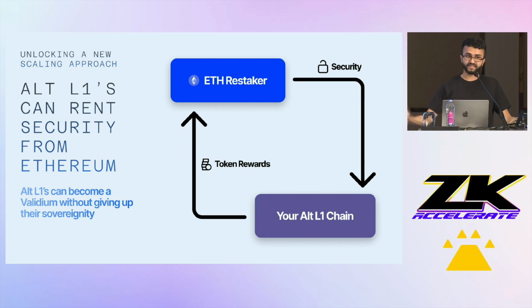This model allows you to continue to operate your alt L1 as you have been for the past couple of years. And this presents a viable and gradual path towards your alt L1 becoming an Ethereum Validium without giving up too much control, without making a drastic change to the infrastructure, and without giving up your sovereignty.